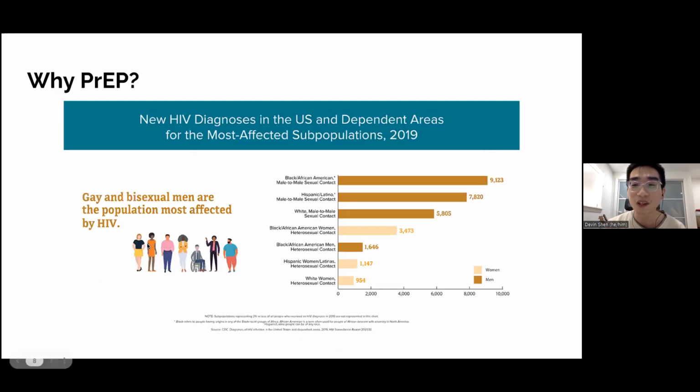So, why PrEP? Why is this important? This is CDC data on new HIV diagnoses in the year 2019 in the US. Gay and bisexual men are the population most affected by HIV.